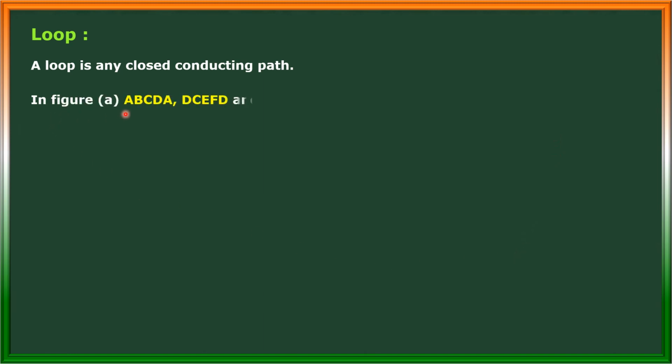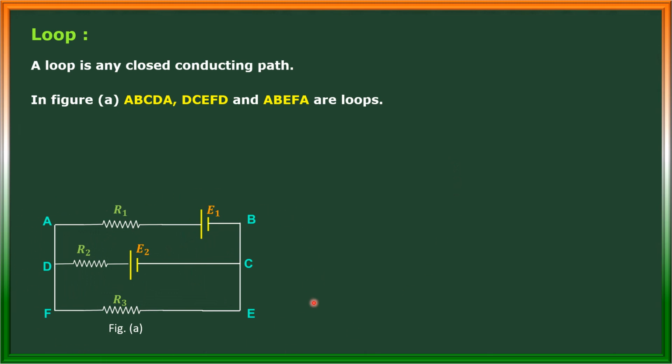Another term that we will use often in Kirchhoff laws is loop. What is a loop? A loop is any closed conducting path. In figure A, these are the loops. I will start at point A and return to the same point, so this is a closed conducting path.